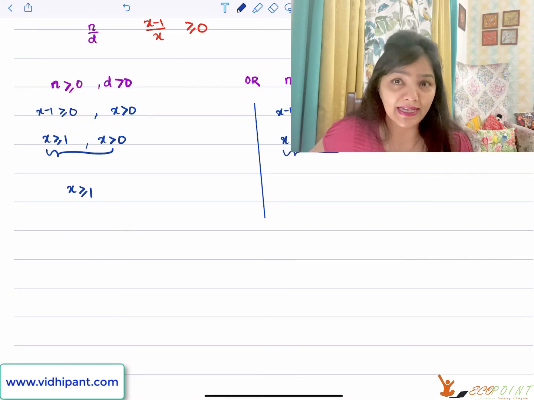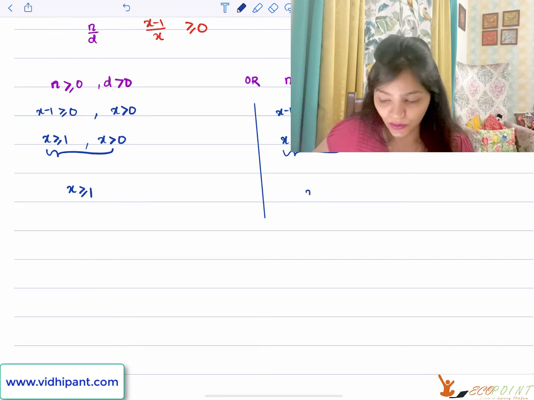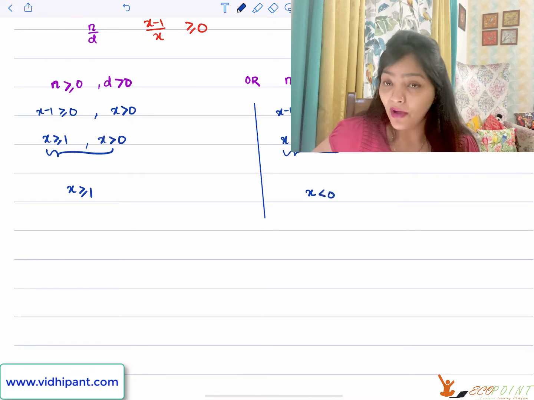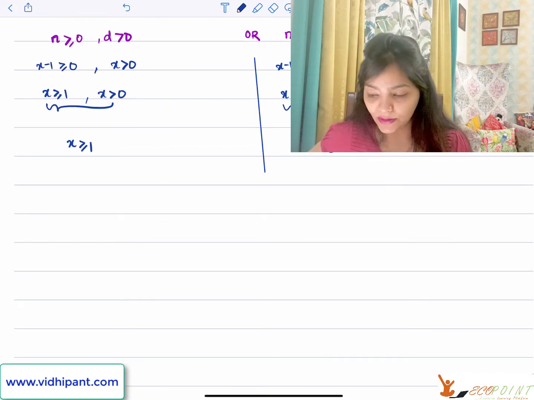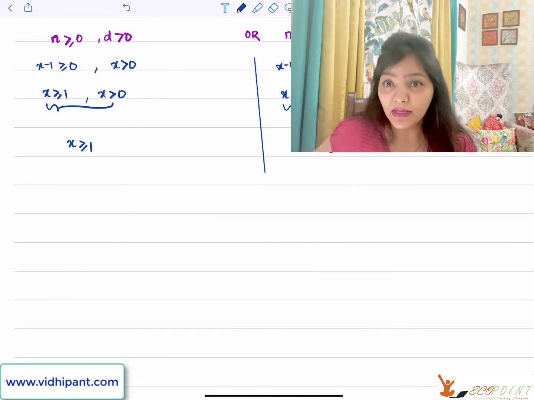If you take any number which is strictly less than 0, it will automatically be less than or equal to 1. So what comes out common from here is x less than 0. Now since you have either this or this, you have either the numbers which are less than 0 or the numbers which are more than or equal to 1. That means we're talking about a union here.